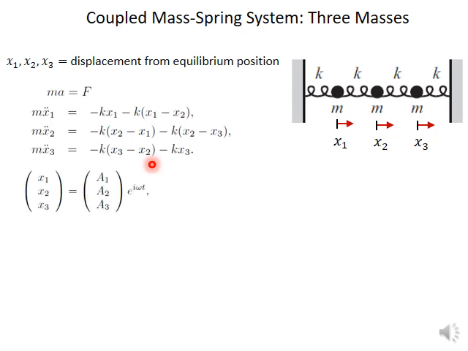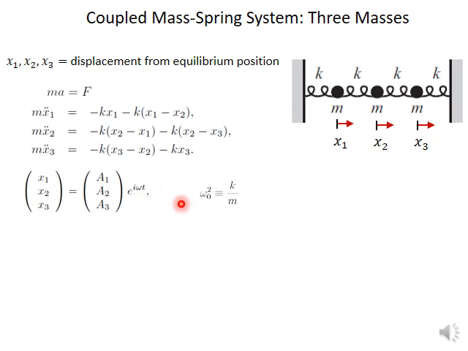Should be okay. You can again have an ansatz, or a guessed solution, for such a system, such that x1, the displacement of the first mass, is given by a1 e^(i omega t). Similarly, x2 is a2 e^(i omega t), and x3 equals a3 e^(i omega t).